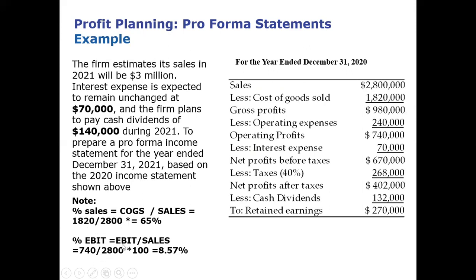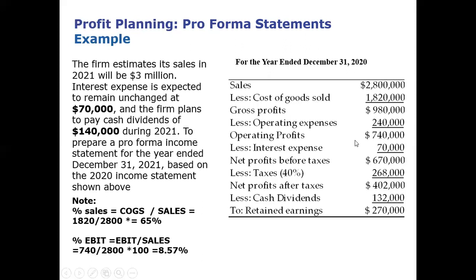If we go for the EBIT, how much is the EBIT? Here, if you go to the operating expenses, we can also find the operating expenses, 240 with respect to the 2,800,000. But if we look for the percentage, as you see here, the 740 operating profit, which represents 8.57.